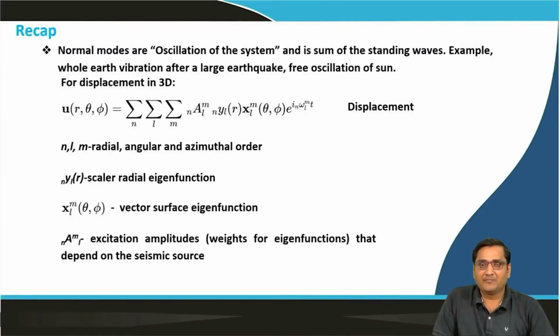As far as the recap of the previous lecture is concerned, we gave you an analogy of the ringing bell in the temple, and we saw that when the bell rings at specific frequencies, it can produce sound waves which can still be used to infer what kind of material it is made up of. Similar to the bell in the temple, the Earth also rings like a bell after a great earthquake.